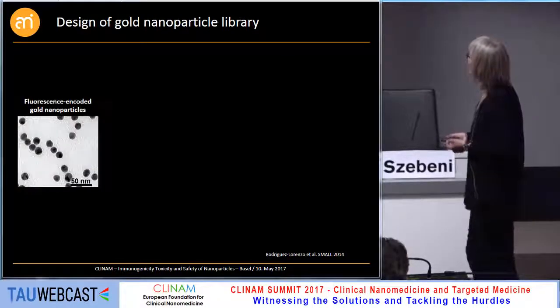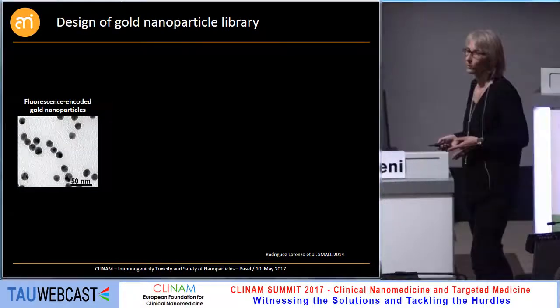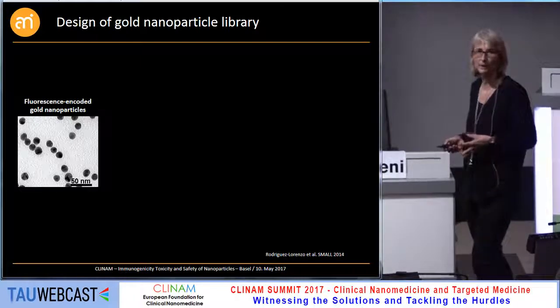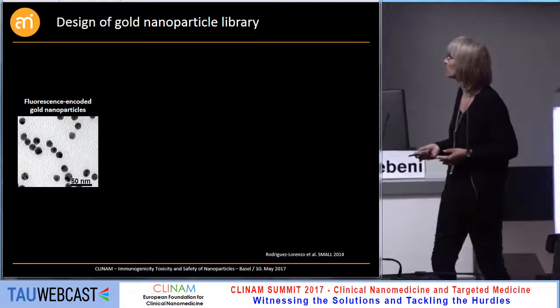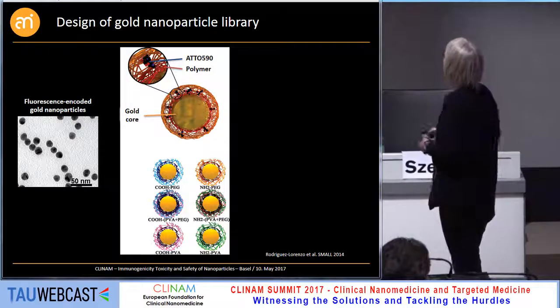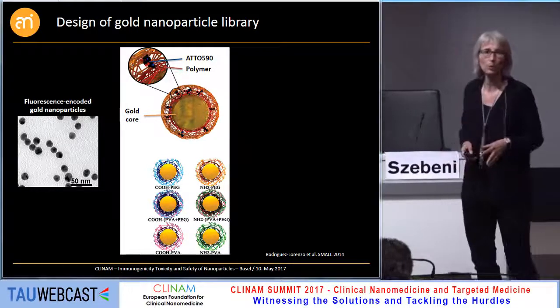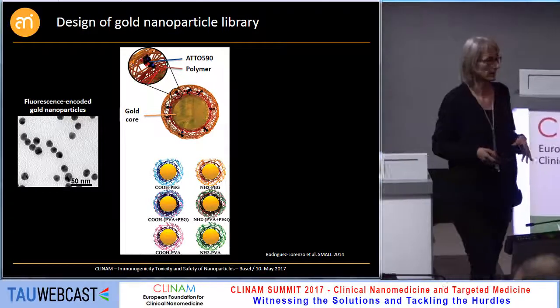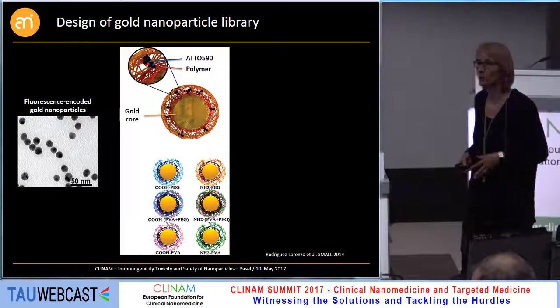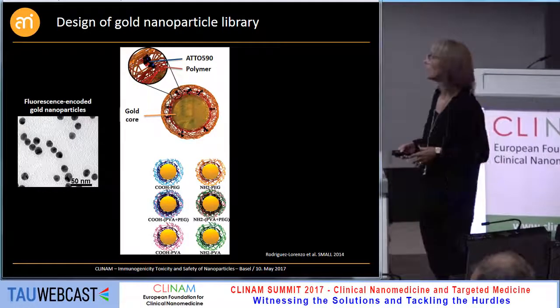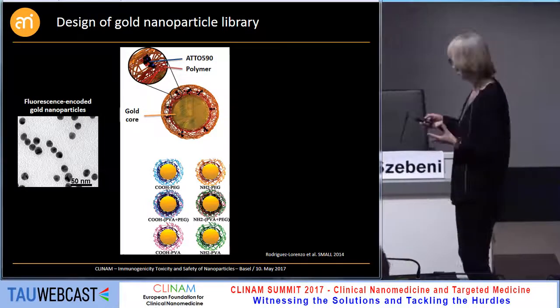We have now established a gold nanoparticle library to study the effect of surface charge on cell targeting. The gold core was covered by different polymers to make the particles colloidally stable. We have used polyvinyl alcohol, or PEG, and also a combination of the two polymers.